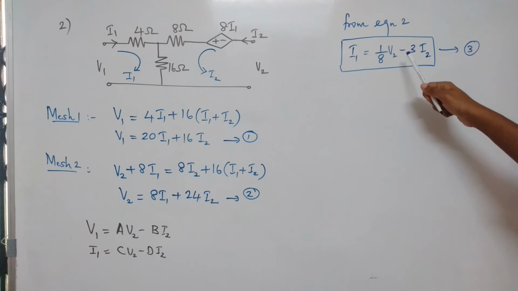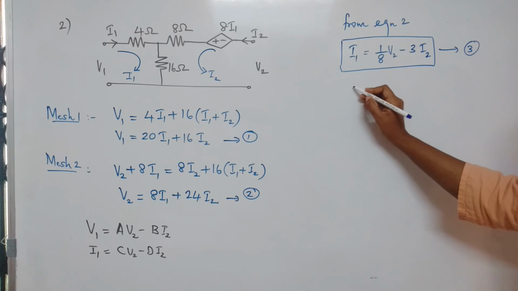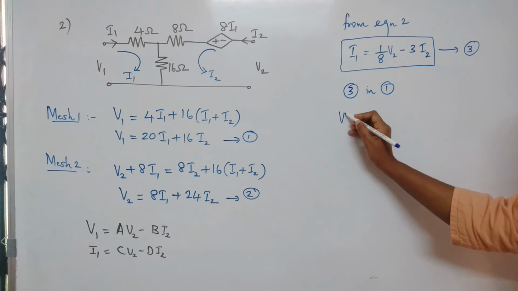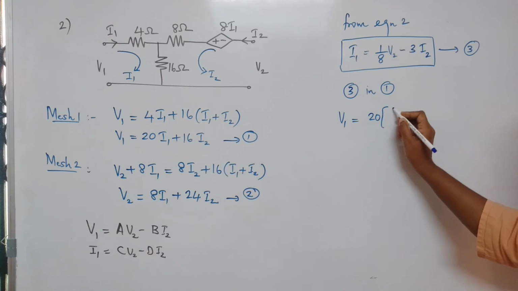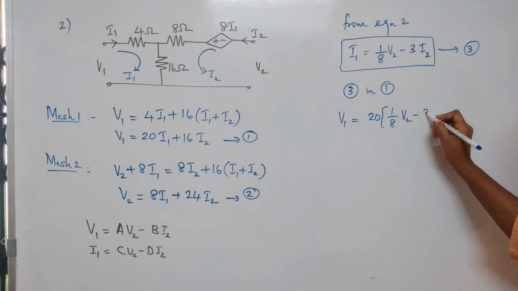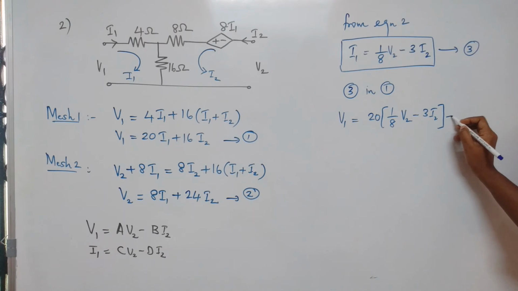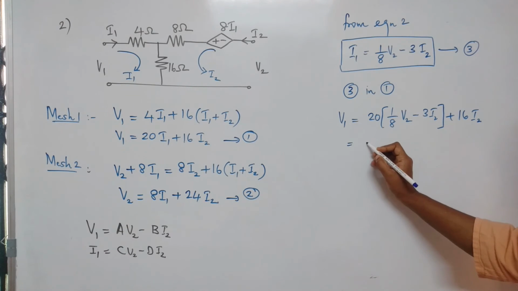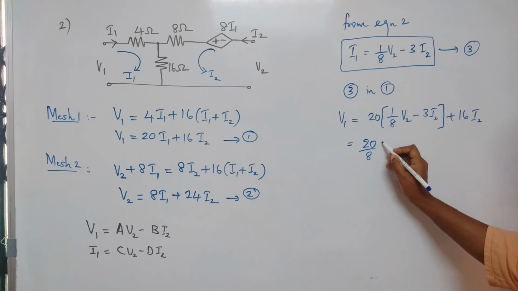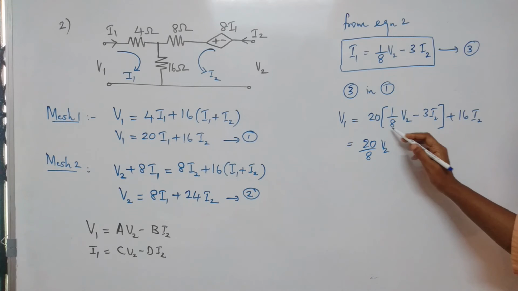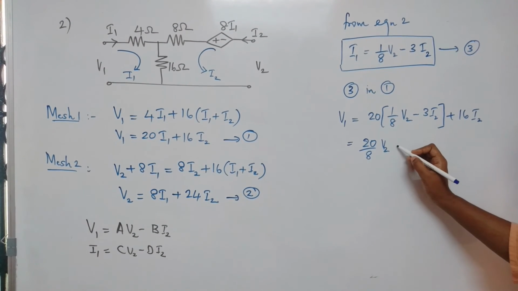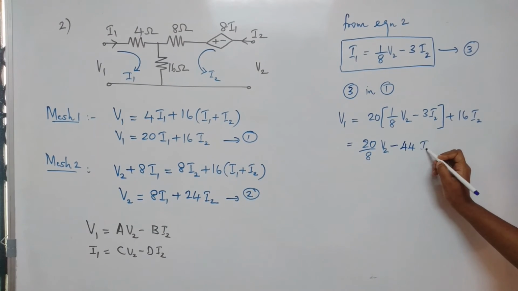Now let's substitute this equation for I1 in equation 1. Substitute 3 in 1. We'll get V1 is equal to 20 into 1 by 8 V2 minus 3 I2 plus 16 I2. Or this is equal to 20 by 8 V2 minus 60 plus 16, that is minus 44 I2.